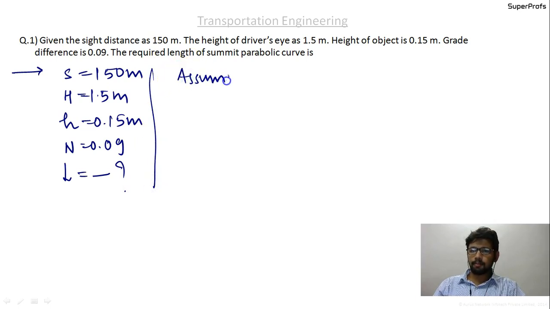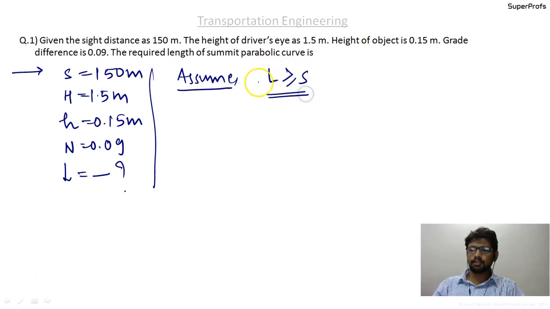Let's assume that the length of the summit parabolic curve is greater than the sight distance, which is case 1.